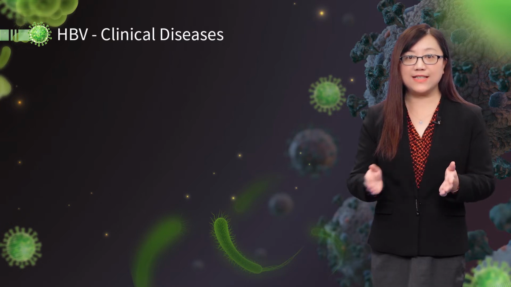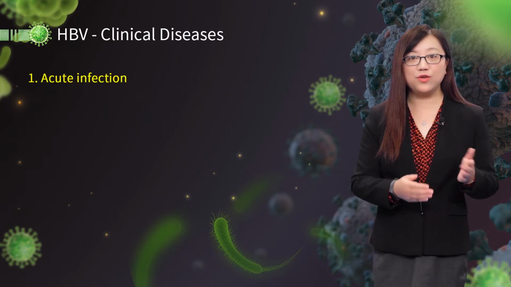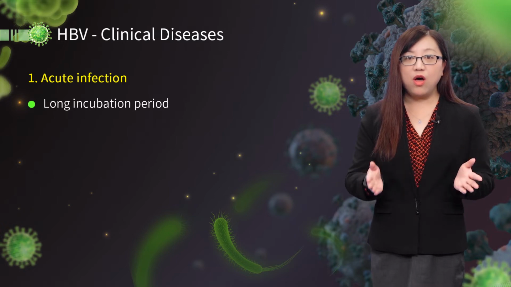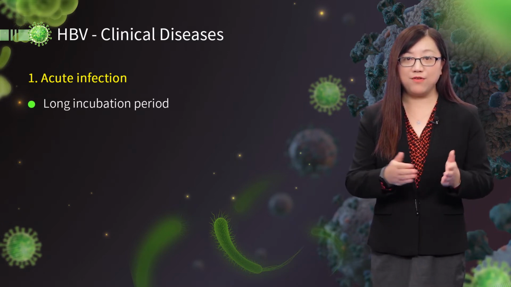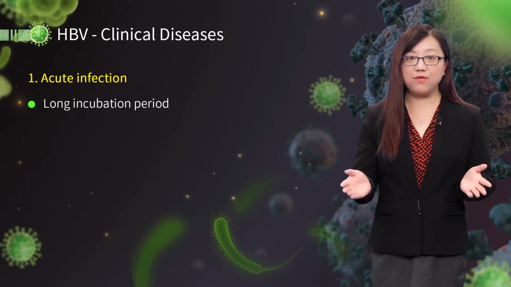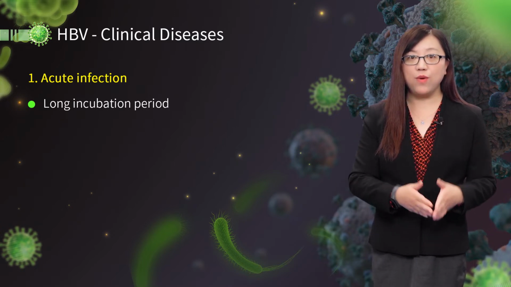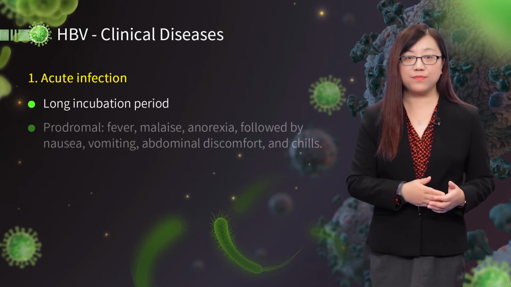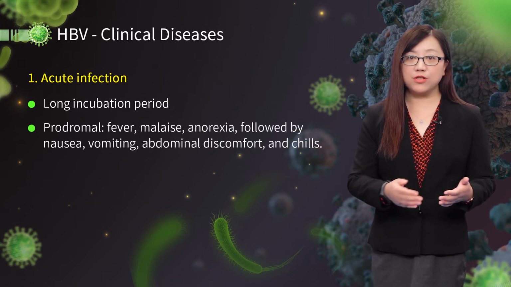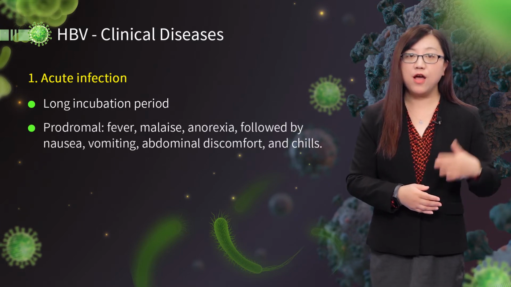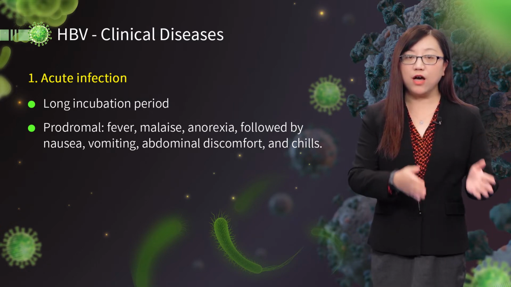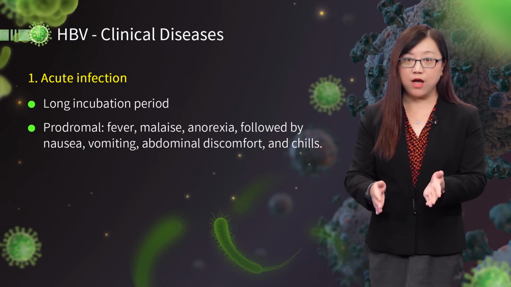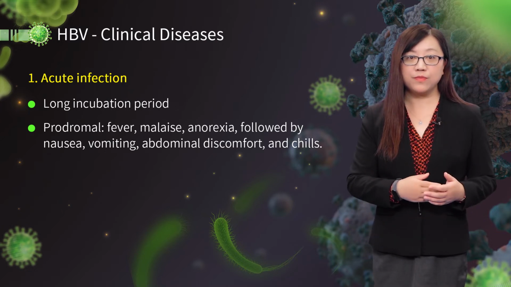HBV clinical diseases. Acute infection. Long incubation period, 75 days on average, but can vary from 30 to 180 days. Prodromal symptoms include fever, malaise, anorexia, followed by nausea, vomiting, abdominal discomfort, and chills.